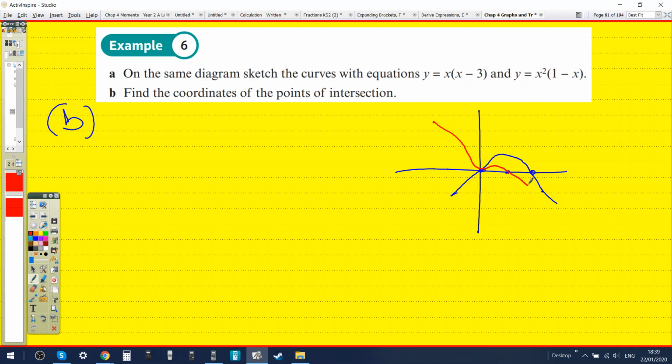Doing simultaneous equations. Do it. How do you go about that one?